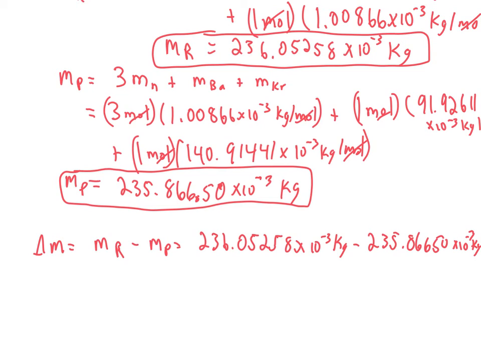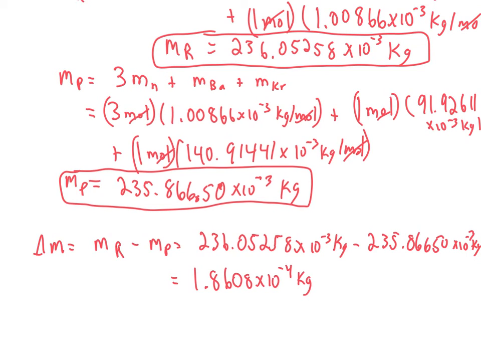And we end up with a difference, our delta M is going to be 1.8608 times 10 to the negative 4 kilograms.